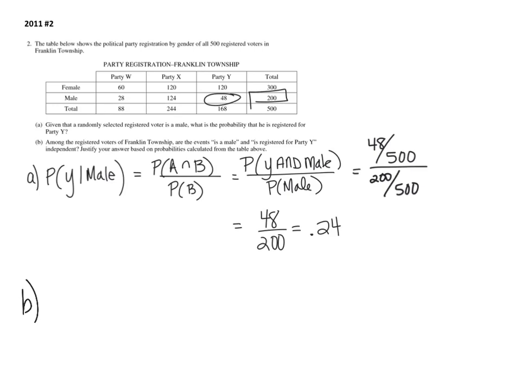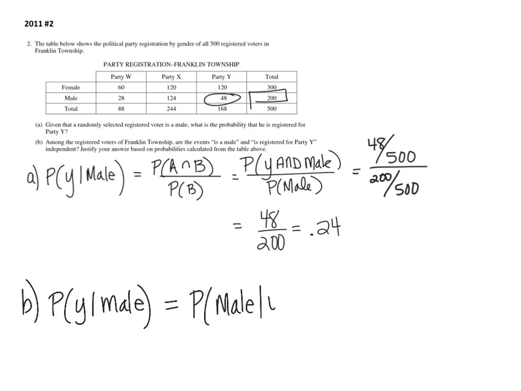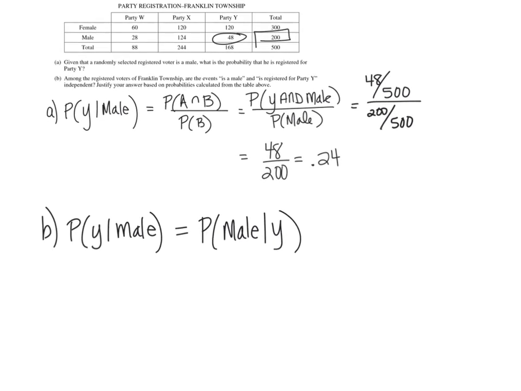Letter B says, among the registered voters in Franklin Township, are the events is a male and is registered for party Y independent. Okay, so remember, to prove independence, we have to show the probability of Y, given that it's male, is equal to the probability of being male, given that they were Y. So the probability of Y given male we found was 0.24.